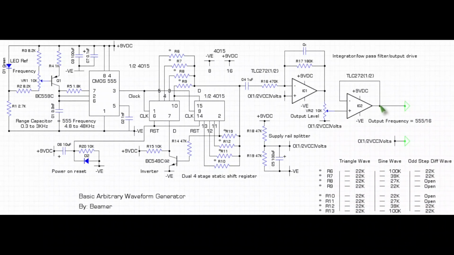Secondly, voltage offset on the output. It'd be nice to include a voltage offset here, and it can be done, I would imagine, relatively easy by having a potential divider at this point here to lift or reduce the DC output with reference to the signal. So that could be an addition.